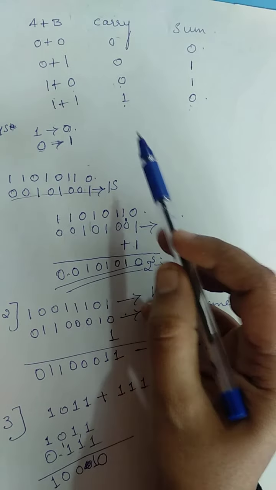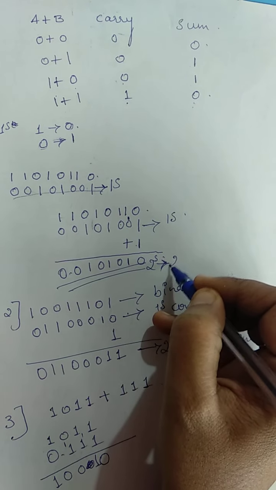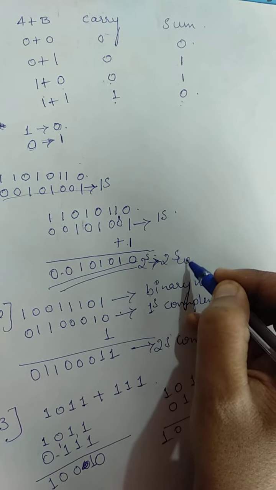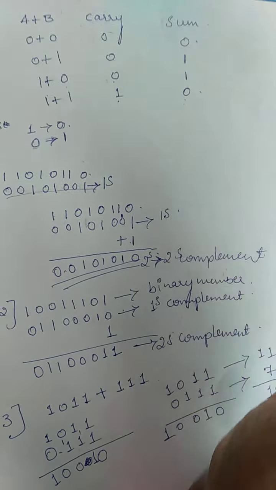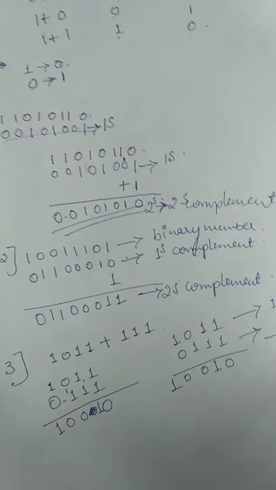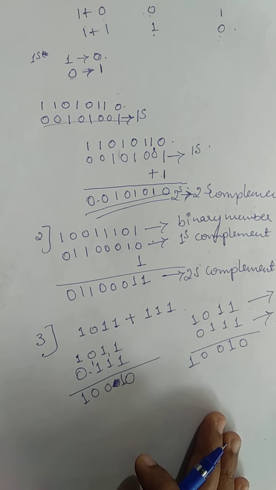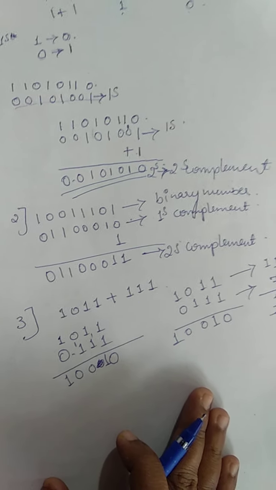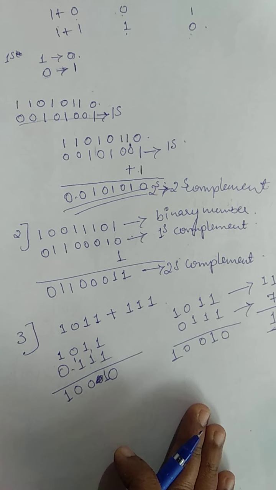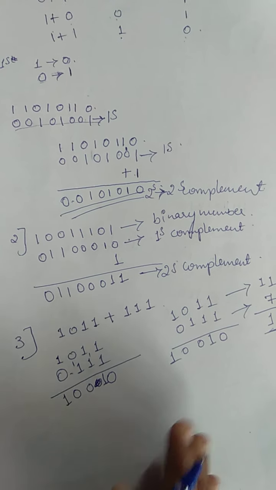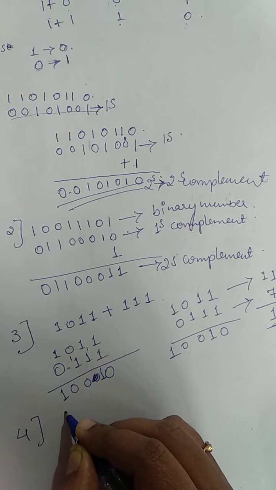Then follow the table, add it, and we get the twos complement. So this is how you solve the example for binary twos complement. You can take one more example.